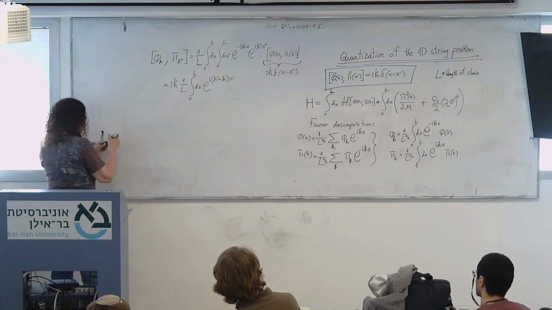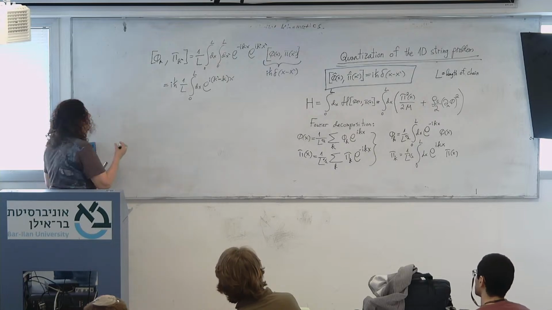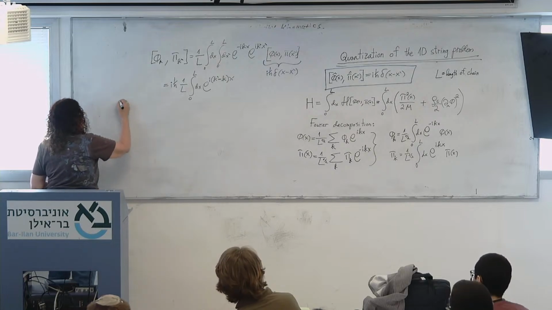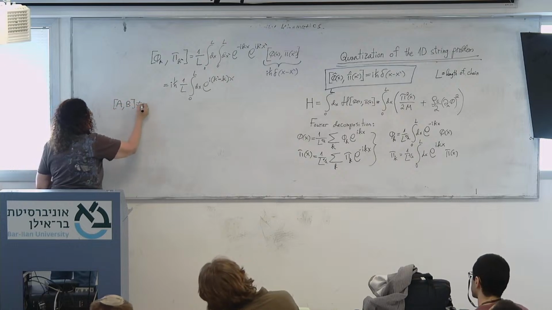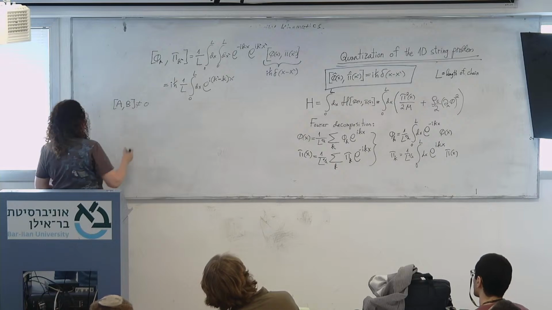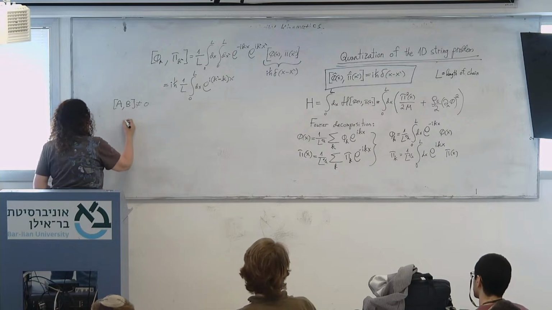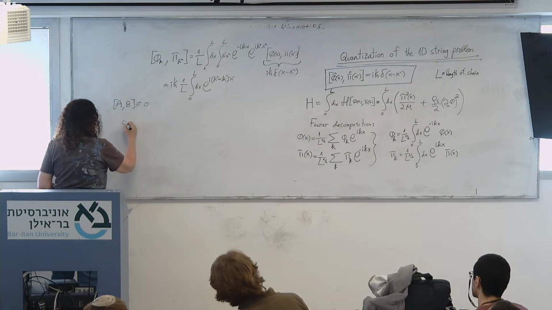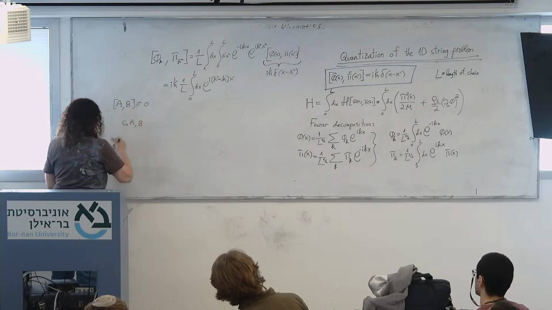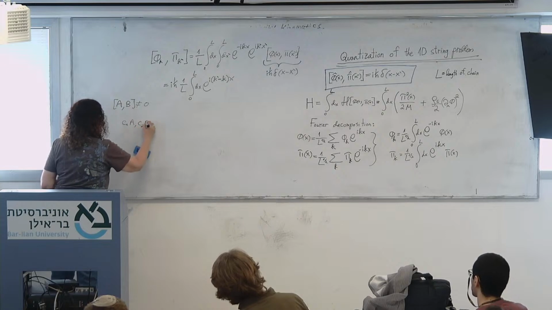Let's write a small reminder, okay? If I have two operators, A and B, that have some non-zero commutator, I can multiply them by C numbers, C1 and C2.